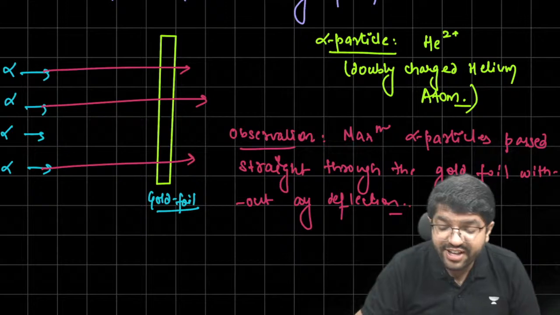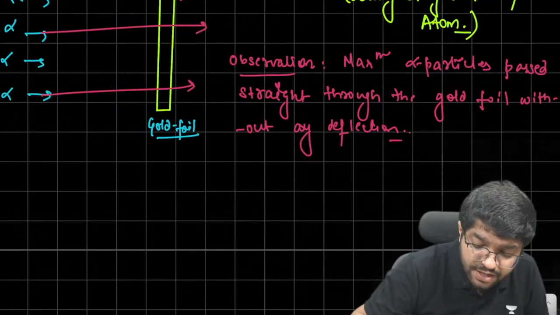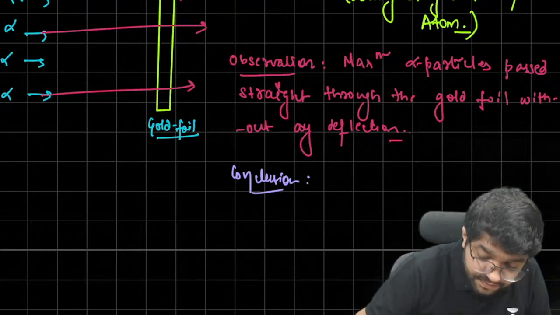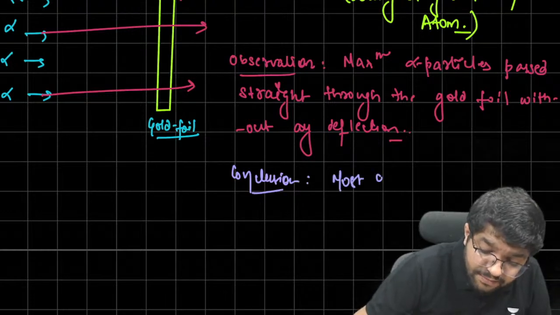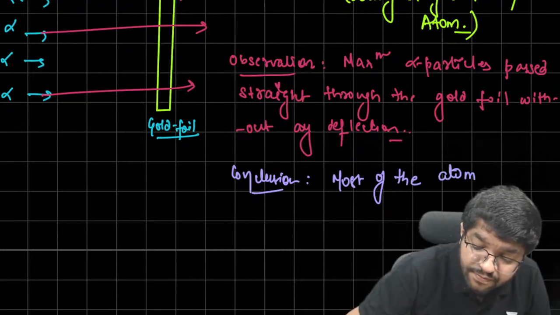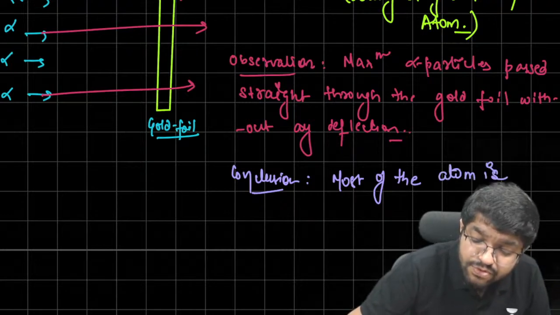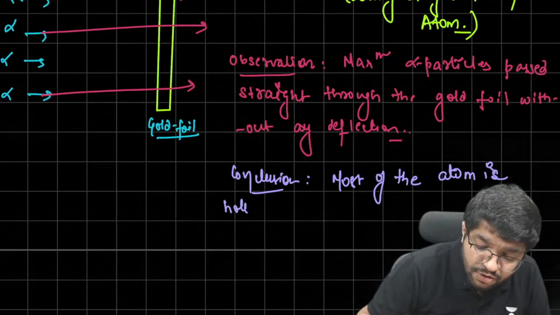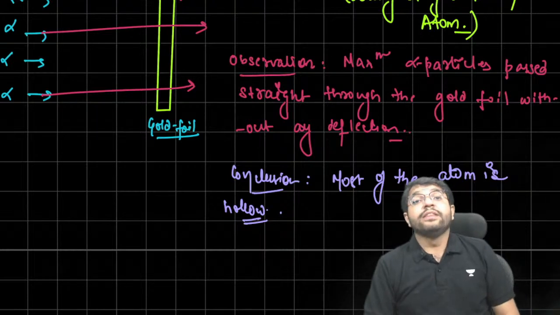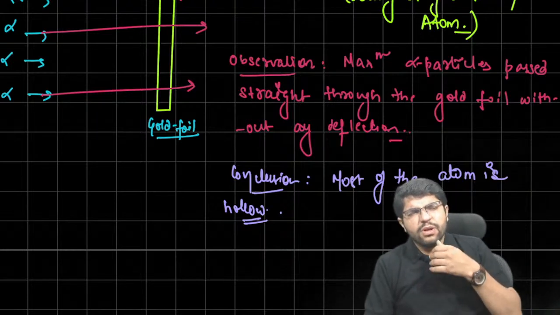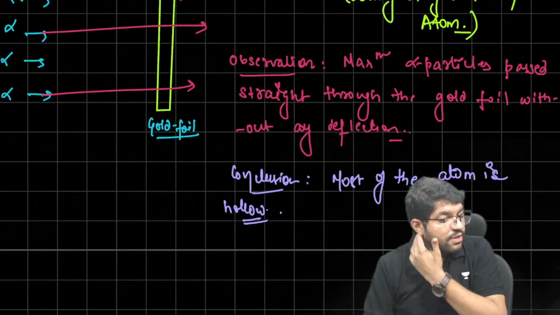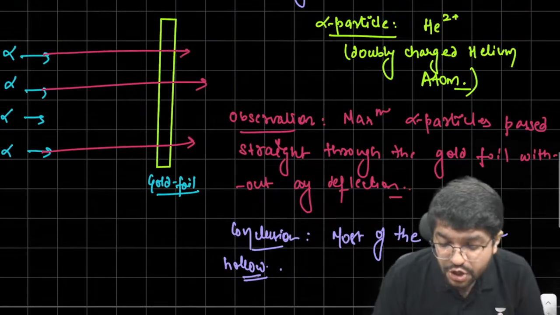The conclusion for it was that most of the atom is hollow. Almost all the particles passed straight without any deflection, which tells us that most of the atom is hollow.